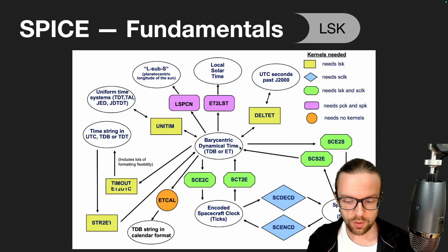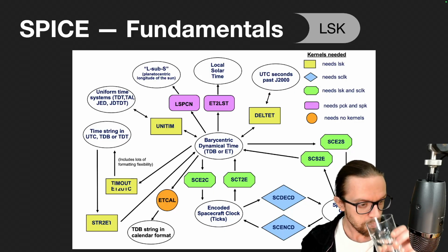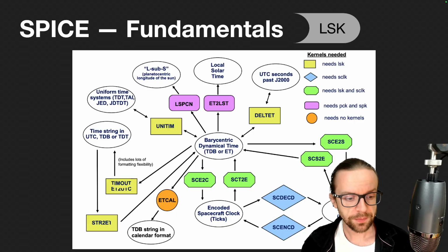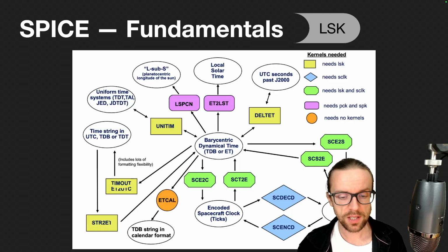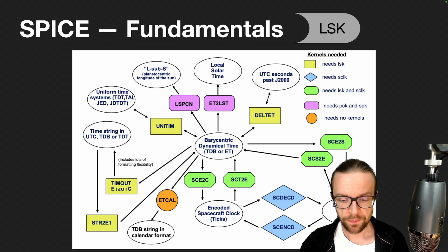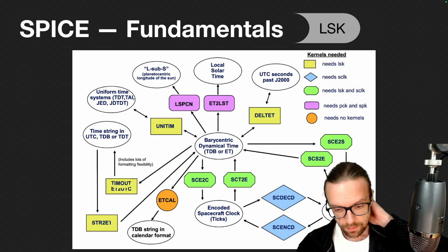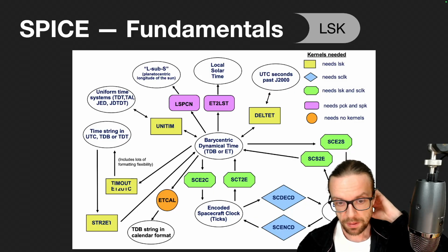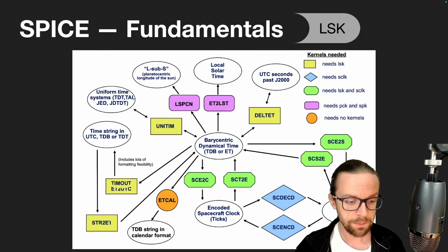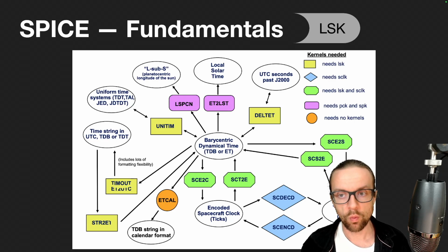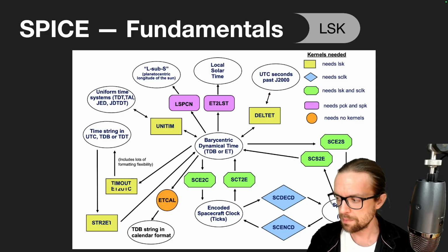We need kernels to, for example, convert a human readable time string into this TDB, into this barycentric dynamical time. The thing is that otherwise SPICE cannot really work. You do not have to understand this completely and fully, because this is something we will learn on the fly with the different Python codes.